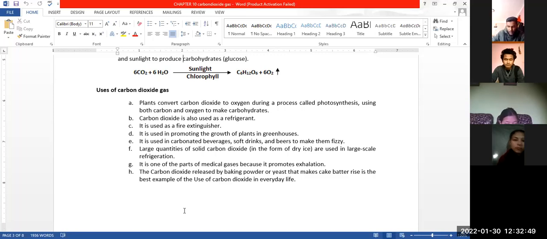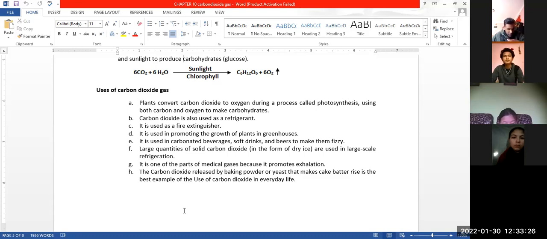Next, it is used as a fire extinguisher because it is heavier than air and a non-combustible gas, so it is used to extinguish fire. Another important use is promoting the growth of plants in greenhouses. Next, it is used in carbonated beverages, such as soft drinks and beer.